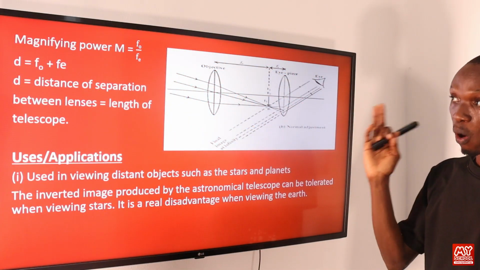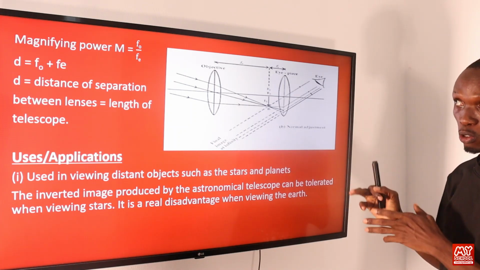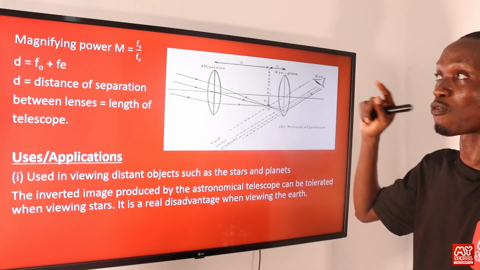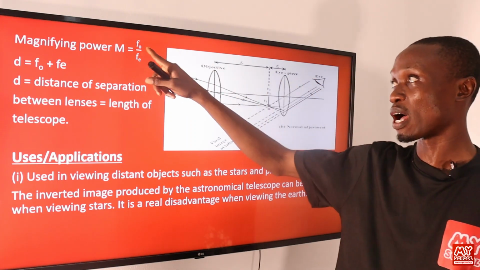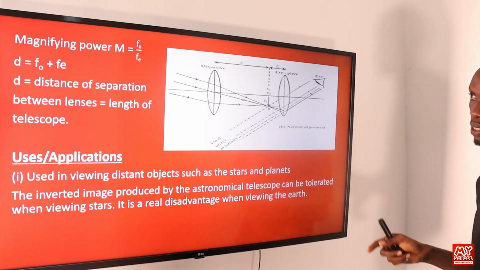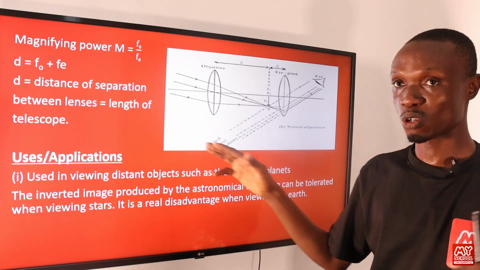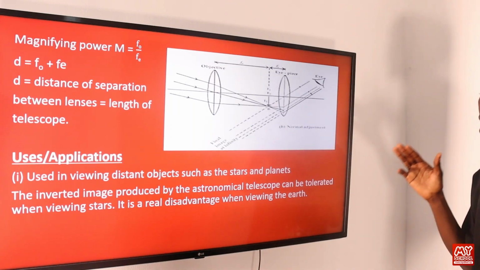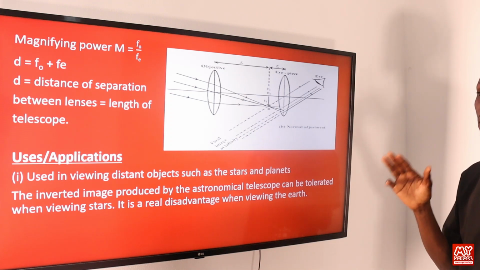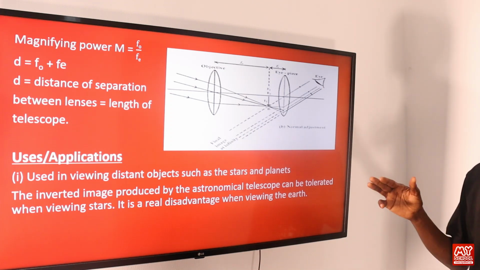Magnifying power for the astronomical telescope is also given as f0, which is the principal focus of the objective, over fe, which is the principal focus of the eyepiece. Then we also have the distance of separation between the two lenses, and remember that the distance of separation between the two lenses gives us the length of the telescope.